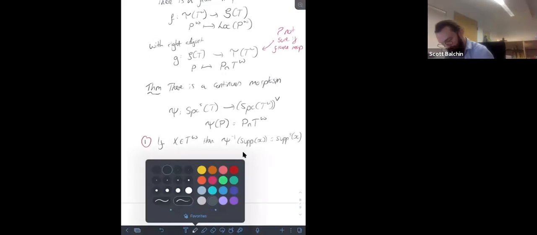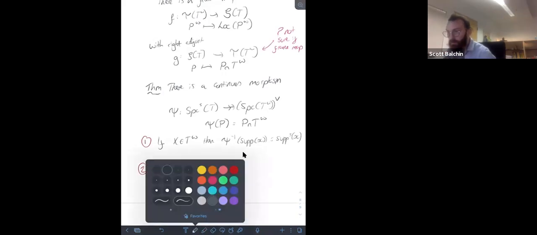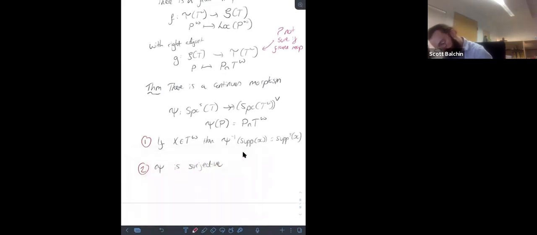Nothing too crazy going on. 2: this map psi is surjective. 3: psi is a homeomorphism if and only if the telescope conjecture holds.